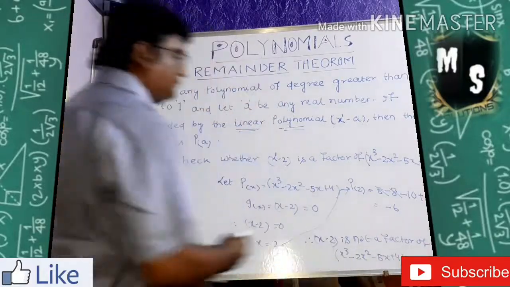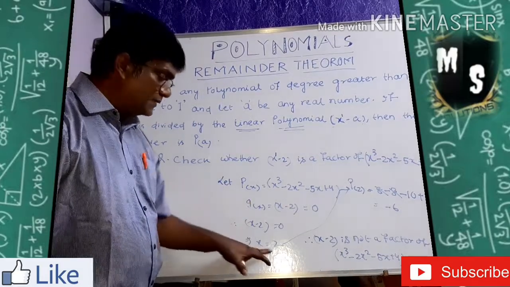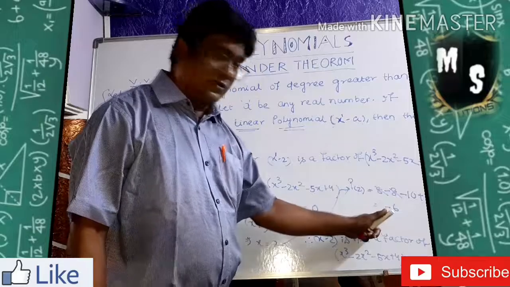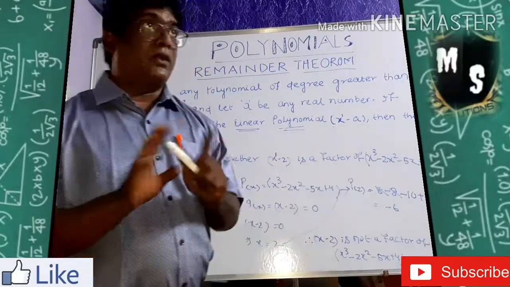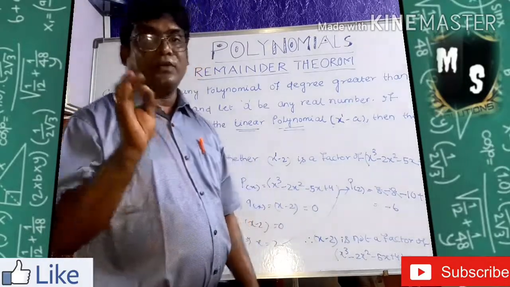If you are not getting 0, definitely that is not going to be called a factor of the polynomial.